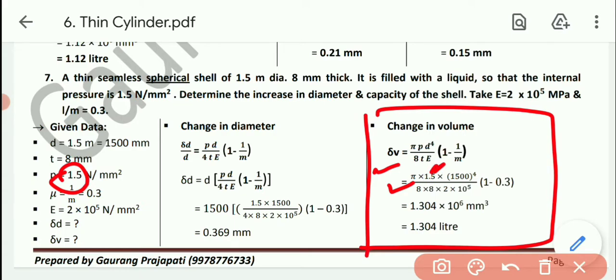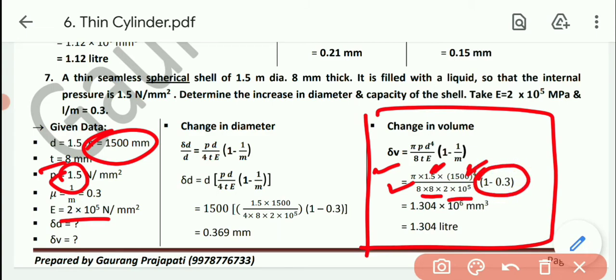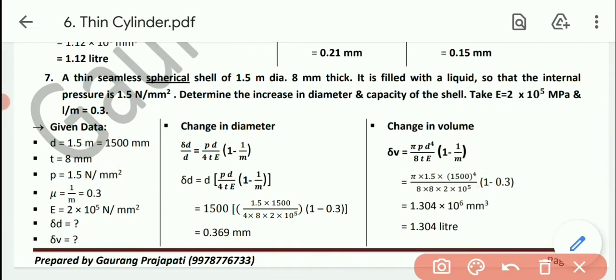Okay, diameter stands for 1500 raised to 4 divided by 8, thickness that is 8, and E, that is 2 into 10 raised to 5, in the bracket 1 minus 1 upon m, that is 1 minus mu, that is 1 minus 0.3. By solving this term I will get the value of delta V, 1.304 into 10 raised to 6 mm cube. So let's convert it into liter. So 1.304 liter.